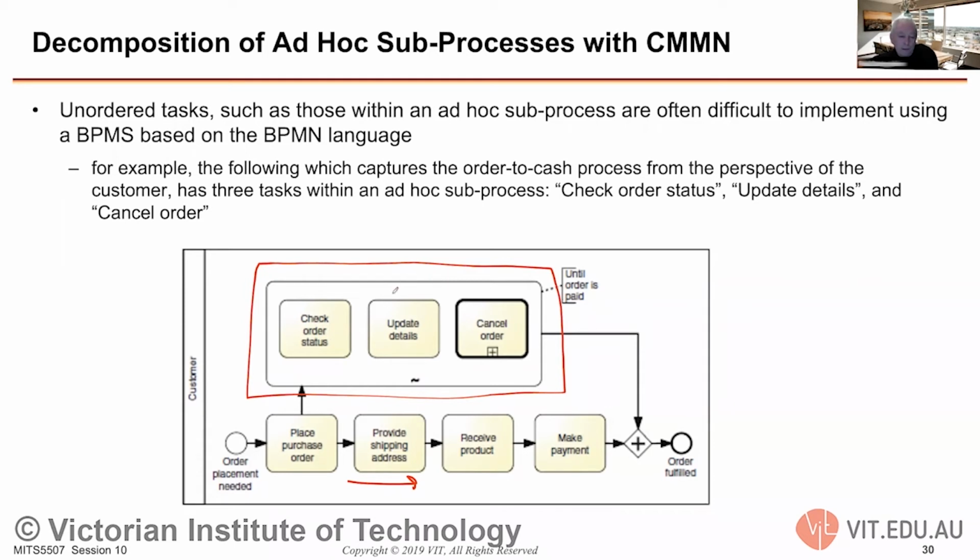So these three things here don't occur in any particular order, but can occur at any time up until when the order is sent out. That becomes very difficult to implement in an executable BPMN. And you notice we said this ad hoc sub-process is active until the order is paid.